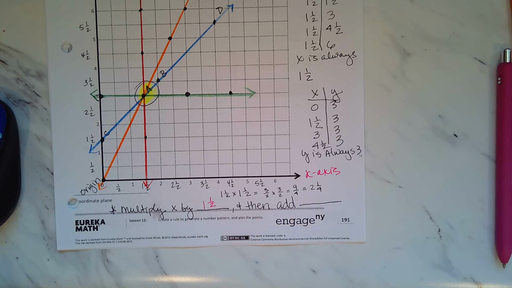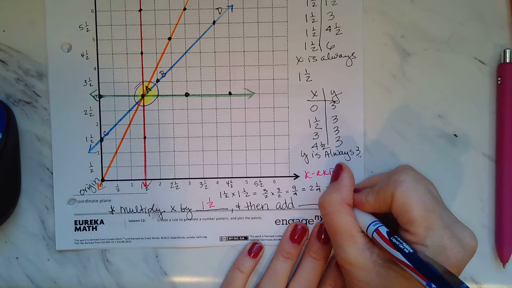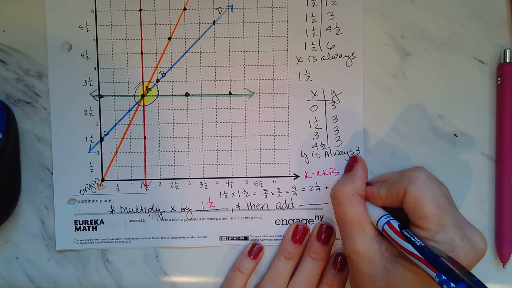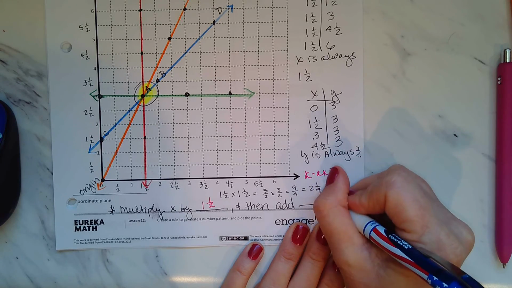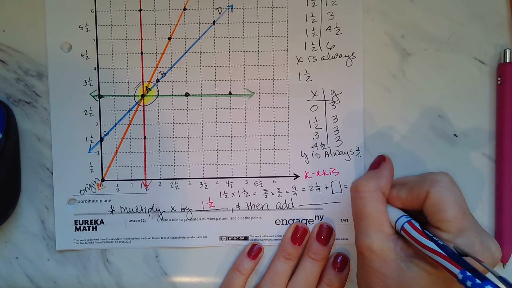But so far our rule says multiply x by 1 1/2 and then add. What do you think we should add to 2 1/4 so that our y coordinate is 3? So what could you add to 2 1/4 to get 3?